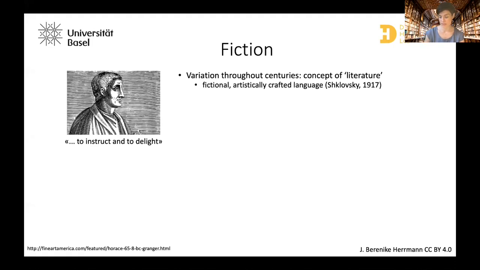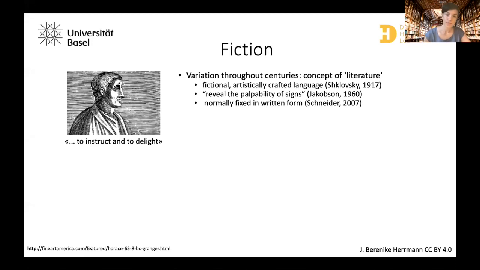So the artistic craftsmanship was in the focus. But later, the probability of science, really the formal side of fiction, was in the focus. We are also normally talking about fiction in a written form, not so much today, at least, in oral forms. Of course, the functions, as I said, have varied too.